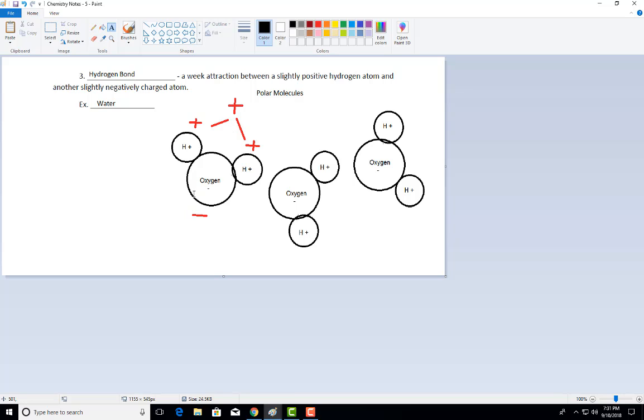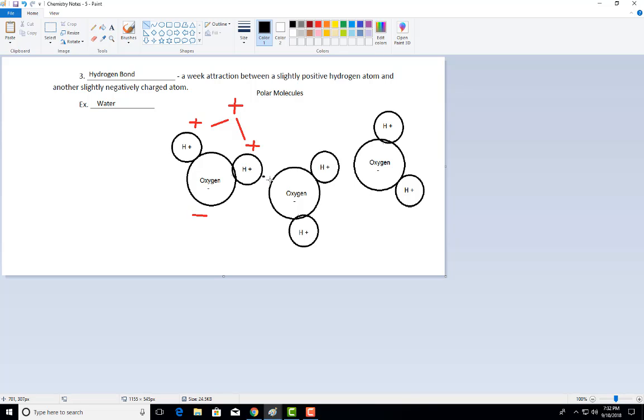So what does that mean for the water molecule? It means that it's got a positive and a negative end. Well, so does this other water molecule, right? It's slightly negative here by the oxygen and slightly positive here on the hydrogen. So what does that mean? It means that the slightly positive hydrogen on one molecule is attracted to the slightly negative oxygen of another separate molecule, a weak bond.